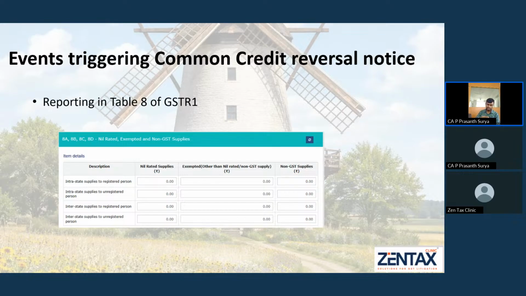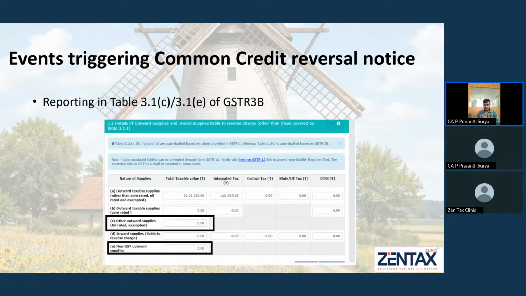Similarly, 24-25 and 25-26 notices will come in 27-28. When that comes, we should not be in a dilemma about whether we have correctly checked it or not. So please make a separate note. If there is some reporting in table 8, make a reference to it and give a breakup of the amount contained in table 8 of GSTR 1. And you decide whether common credit reversal as per the law is required or not.